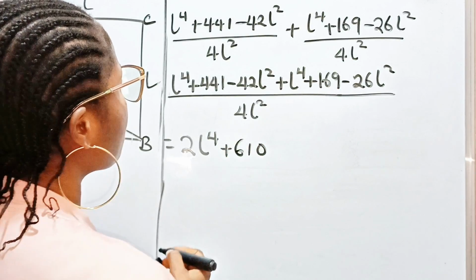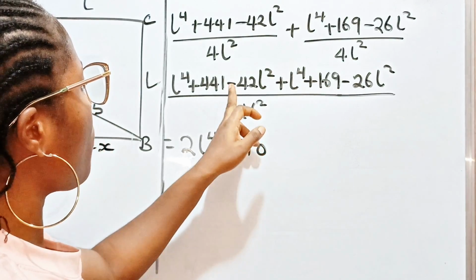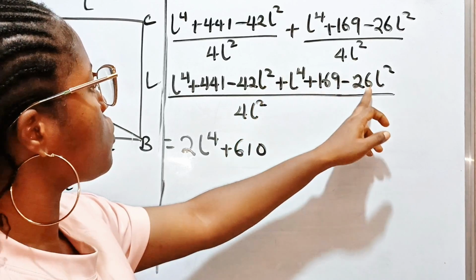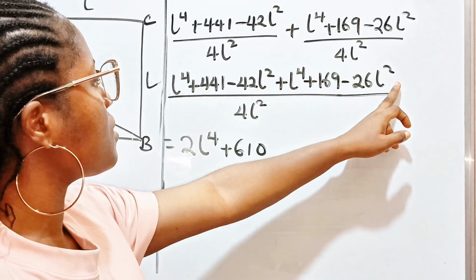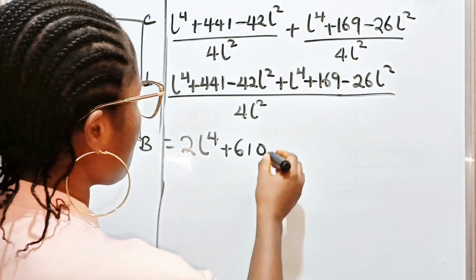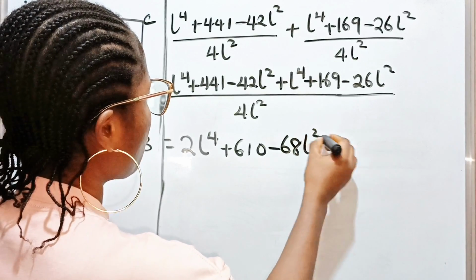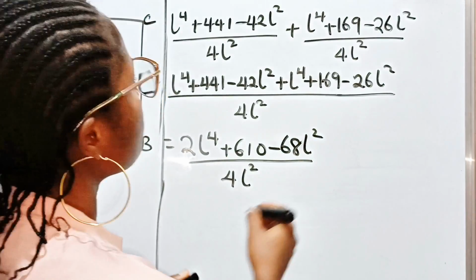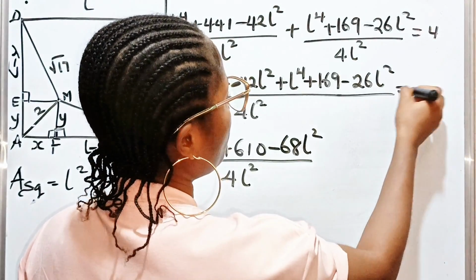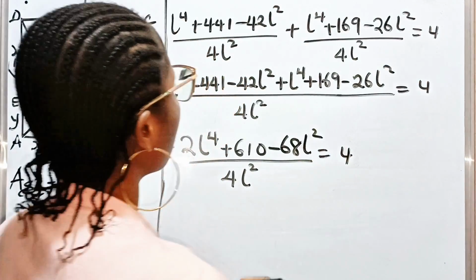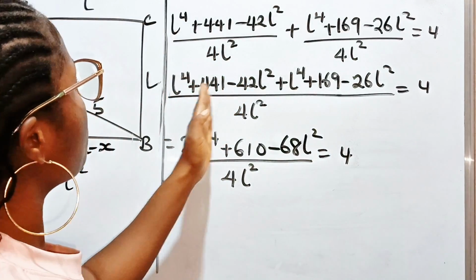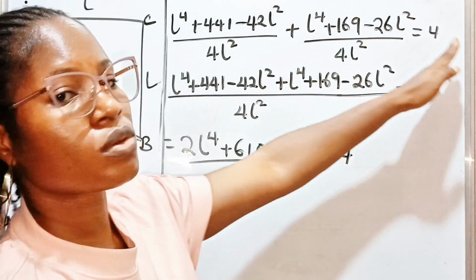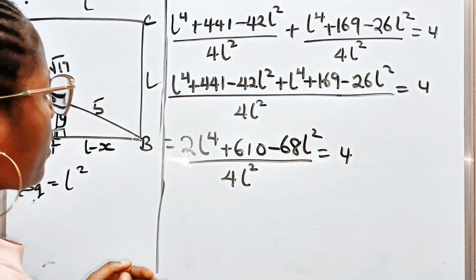So we have 610. Okay, now minus 42L squared minus 26L squared will give us minus 68L squared, divided by 4L squared. Sorry, everything is equal to 4, because this is x squared plus y squared, which is equal to 4. Okay, all right.